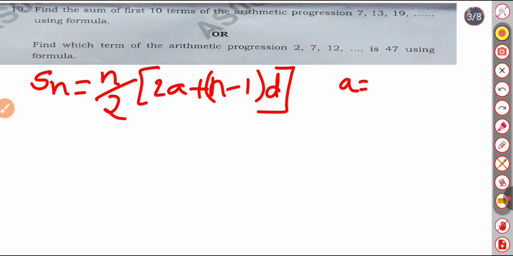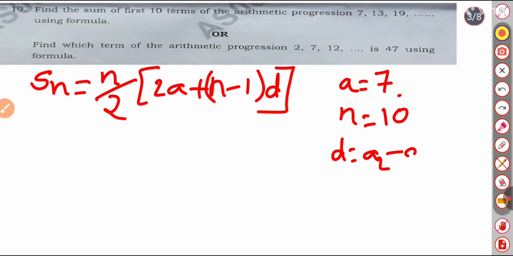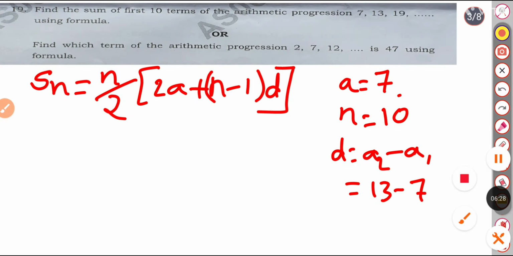A is the first term, that is 7, and n is how many terms? First n terms, so the 10 terms, that is n is equal to 10. Then what is d? D is equal to a2 minus a1, that is 13 minus 7. So 13 minus 7 is 6.